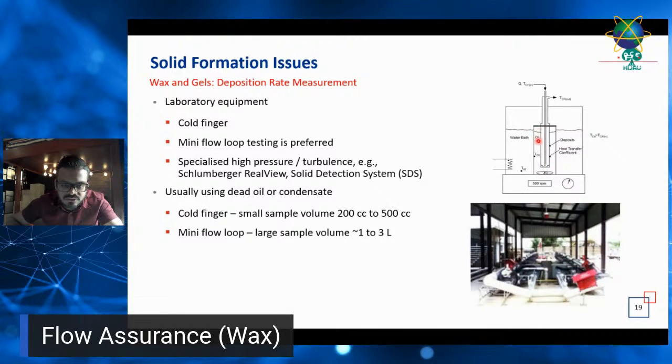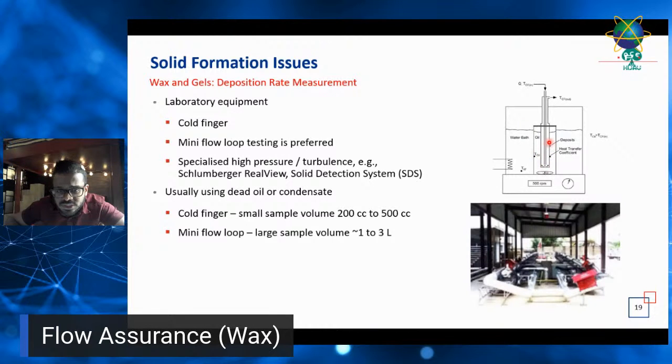Inside your cup is filled with oil, your waxy oil or your dead crude. Outside it's water, which is being warmed by a heating element. So as you can see, your cold finger will be cool, and your oil is being warmed up by the hot water bath.